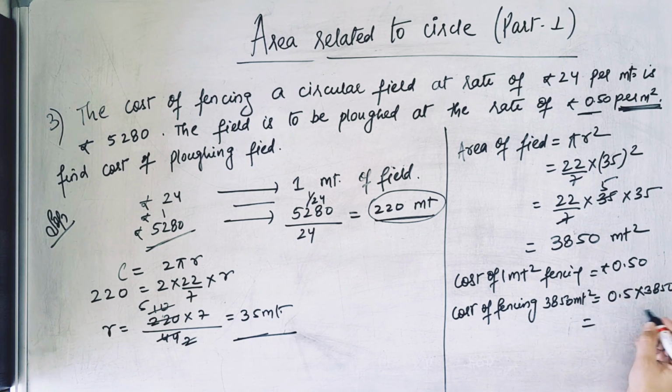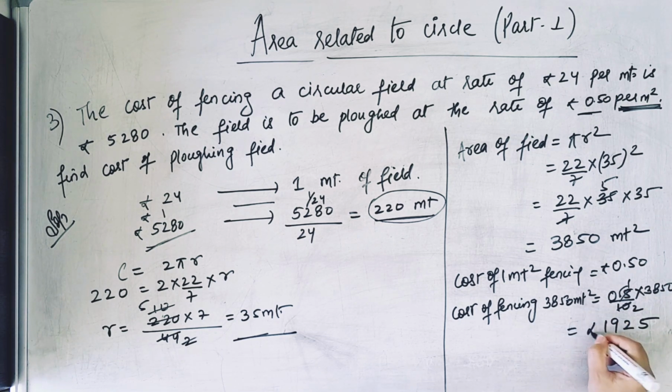Thus, if we remove this point, 10, 5 1s are 5, 2s are, so this will be 2 1s are 2, 9s are 18, 1925 rupees. So this is the cost of ploughing the field which is in the shape of a circle.